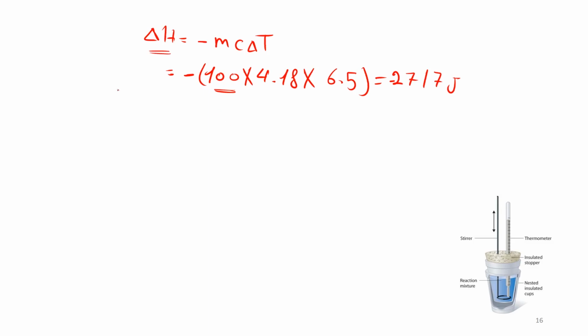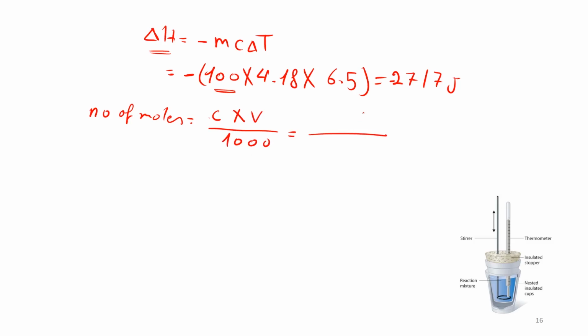So we will call it the molar enthalpy. In that case, we need to know the number of moles of my reaction and what happens if we have only 1 mole. So the number of moles would be equal to the concentration multiplied by the volume divided by 1000 to convert the volume into liters.